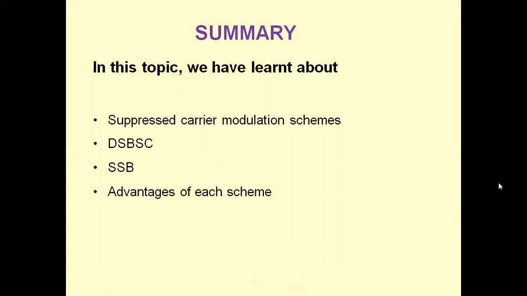So in this topic, we have studied about suppressed carrier modulation schemes. Two important parameters of a communication system are transmitting power and bandwidth. Hence, saving of power and bandwidth are highly desirable in a communication system.